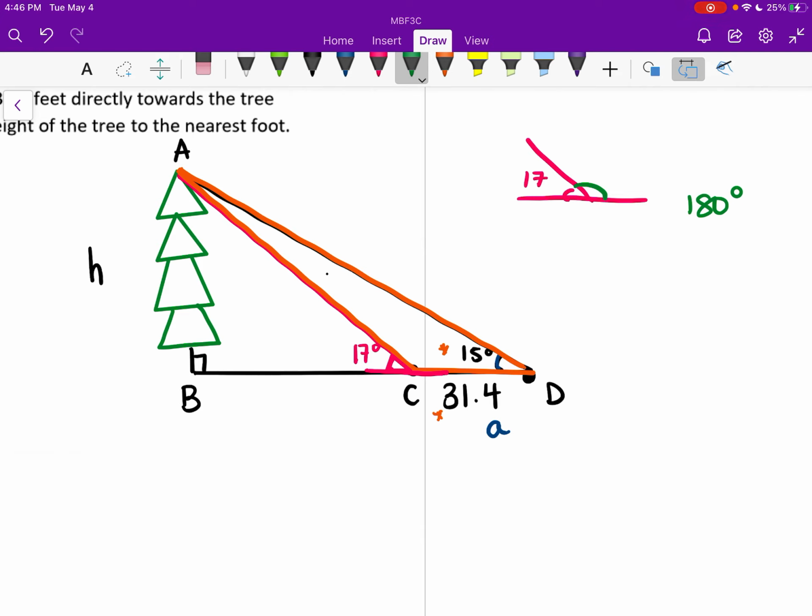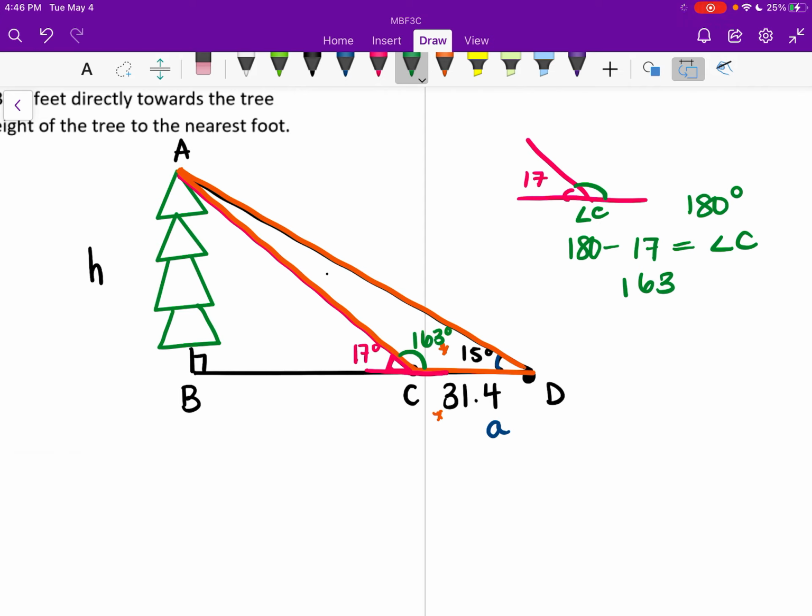So I know that this angle over here is just going to be 180 minus 17, because when you add those two angles together, they need to equal 180. So I can find this angle right here, angle C, by saying 180 minus 17 is equal to angle C, which is going to be 163. I'm just going to say, okay, this angle right here is 163.